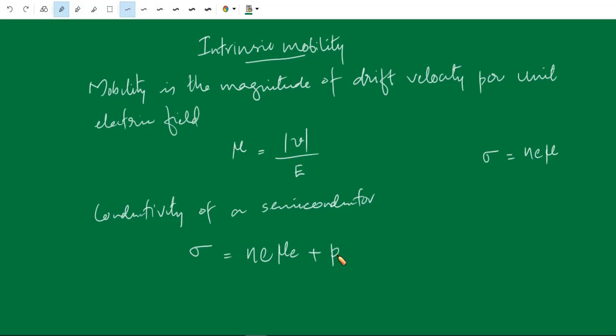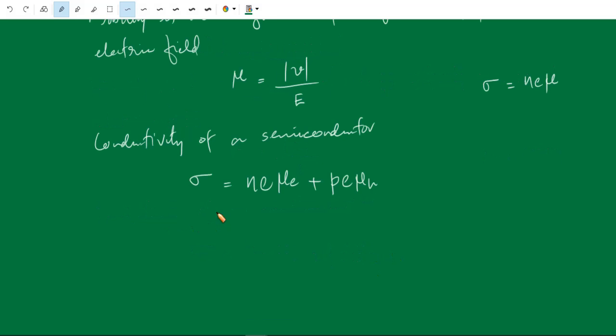So P is the concentration of holes, e is the charge, and mu H is the hole mobility. Where mu E is equal to e tau E divided by me star, the effective mass of the electron, and mu H is given by e tau H divided by the effective mass of the hole.